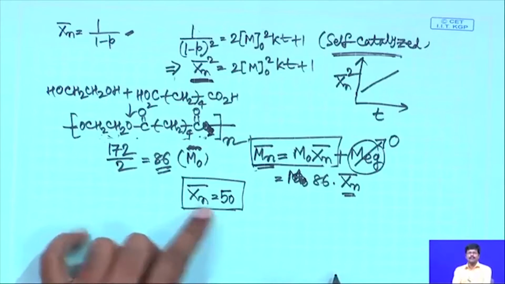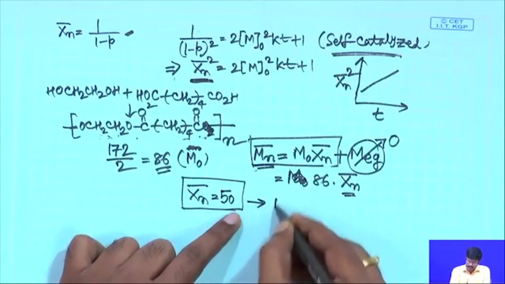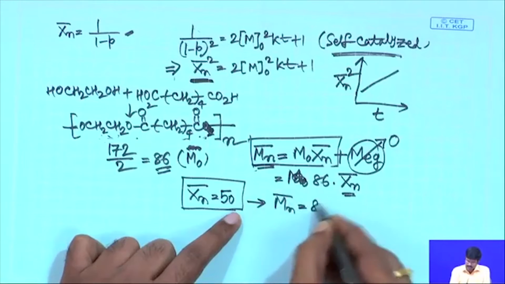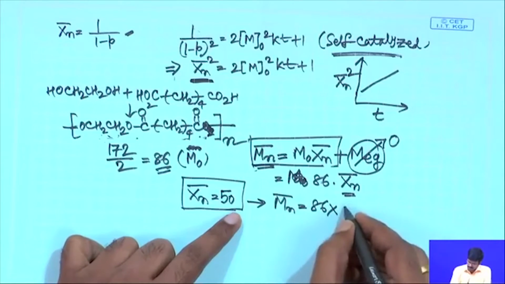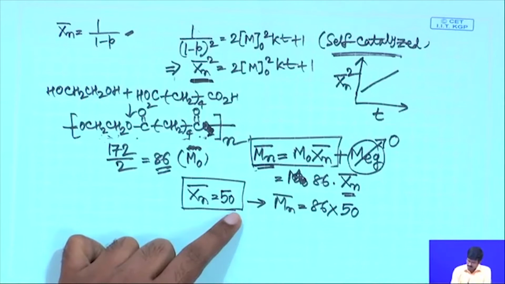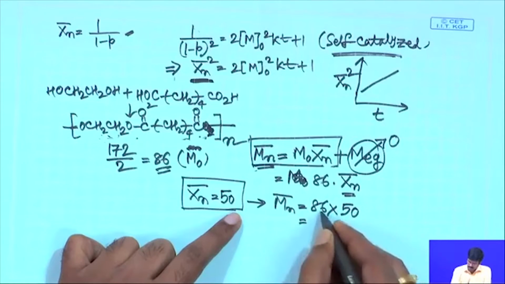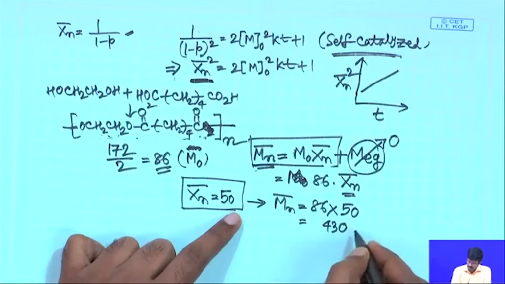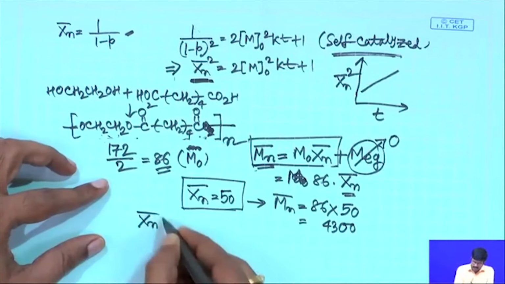Let us say you are targeting Xn bar equals 50. Then what is the molecular weight you will get? Your molecular weight will be 86 into 50, so that will be 4300. What about Xn bar equals 100?